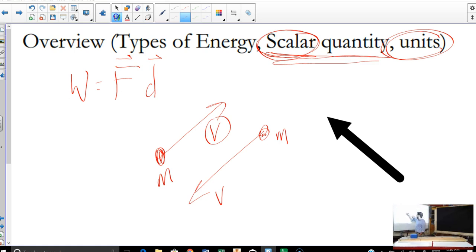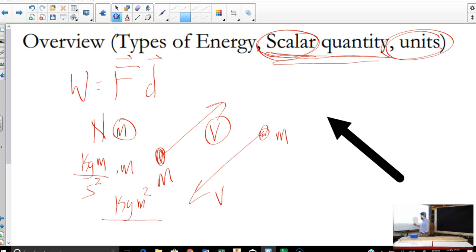But the reason I bring this up is we know force to be newtons, and we know displacement to be meters. And by the way, if you don't remember, a newton is a kilogram meter per second squared. And when we multiply that by another meter, we get the kilogram meter squared over second squared. But we don't have to call it that every time we refer to it.